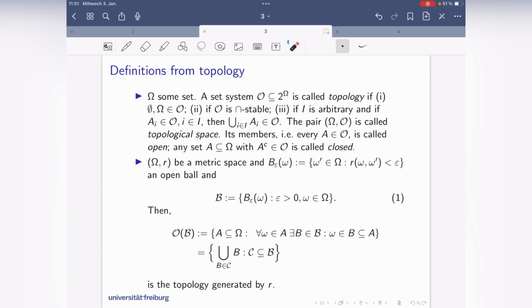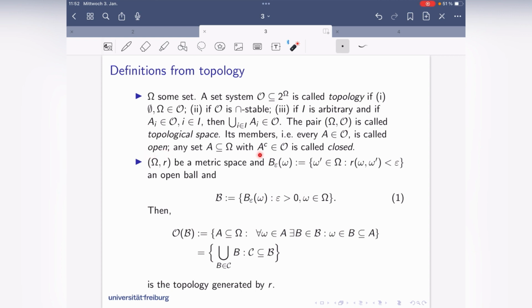Recall for sigma algebras, we had this I here, the capital I here has to be countable. Here in topologies, it does not have to be countable. Arbitrary unions of sets in the topology are again in the topology. Then I call this here a topological space. And the members of the topological space, which are sets now, are called open sets.